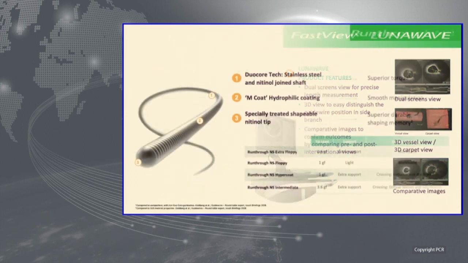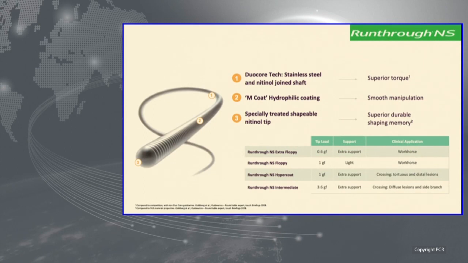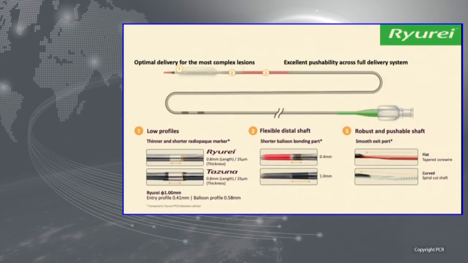Next slide, we will use Runthrough wires, which are our workhorse wire in Massy. Next one, we'll use a Ryurei balloon, which is an excellent balloon as compared to the Tazuna balloon, as you know. And we'll also use the Ultimaster stent.